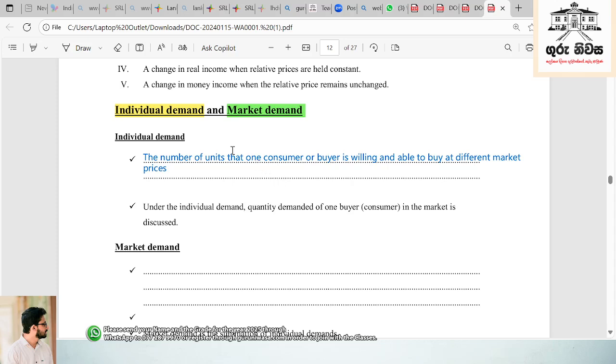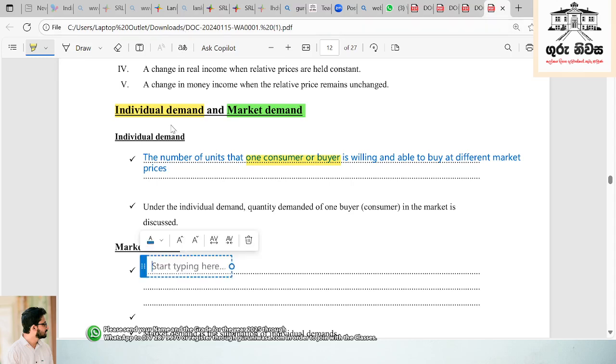Highlight one buyer, one consumer. Under individual demand, the quantity demanded of one consumer in the market is discussed. Second one is market demand. Put a star mark and write down market demand.